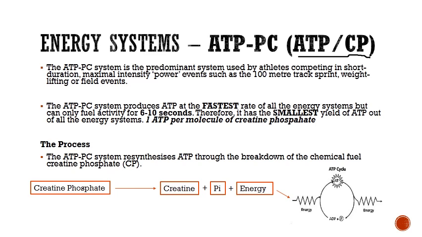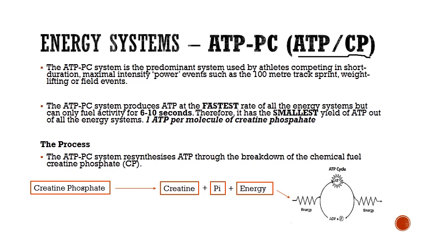So it's an anaerobic system, so it does not require oxygen in its processes to break down phosphocreatine to produce ATP. So any activities that are carried out above your VO2 max are going to be fueled by the anaerobic energy system, and this is an example of one of them.